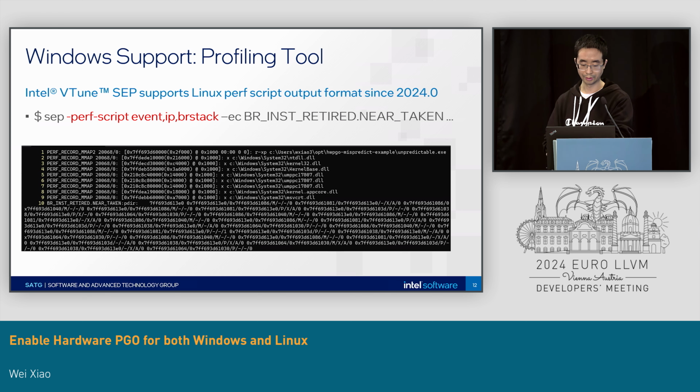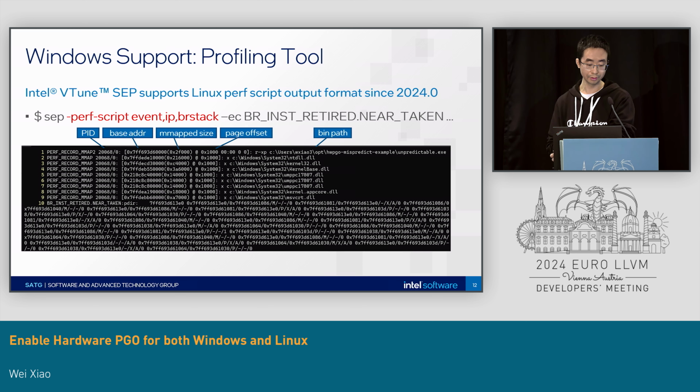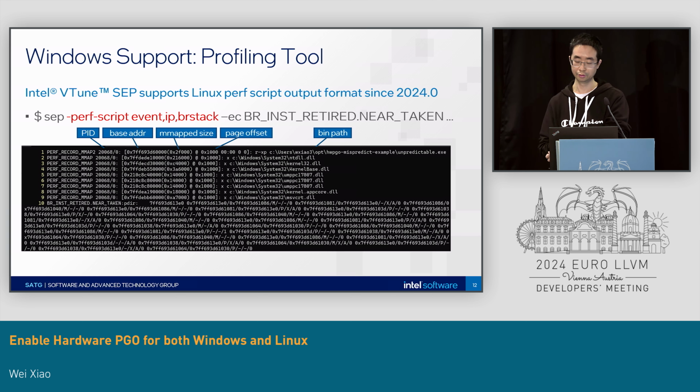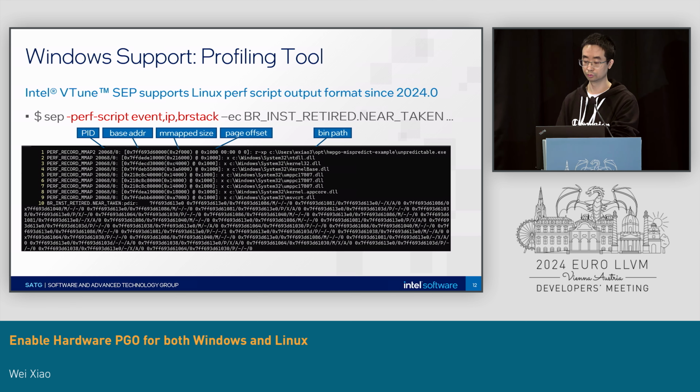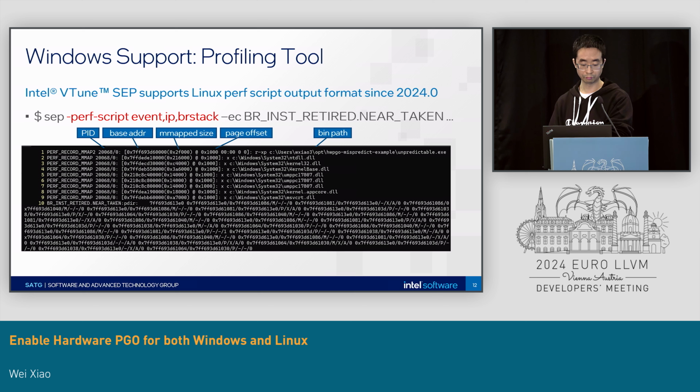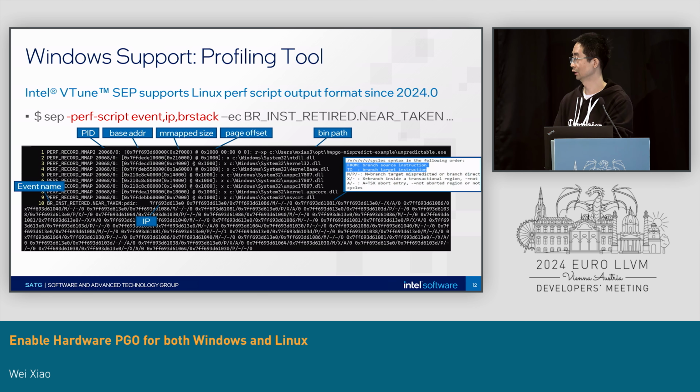The text output format is compatible with the Linux one. At the very beginning, it has memory map information for each executable binary, and then follows a lot of samples. For each sample, we have its event name, its event IP, and also the LBR stack information.